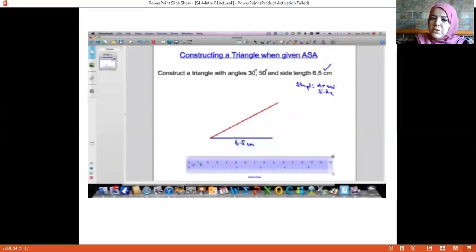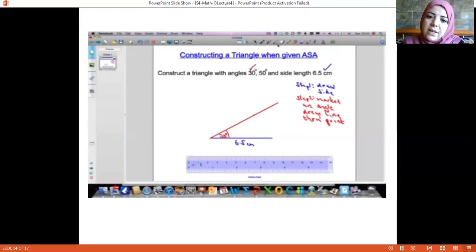Now we are going to use the protractor to draw the 50 degrees.